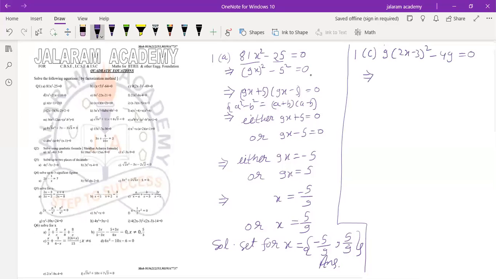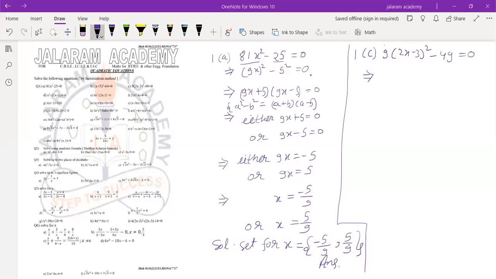It implies, yes. Sir, 9 into 2x square. Sir, a minus b square formula. No, this is not the correct method.